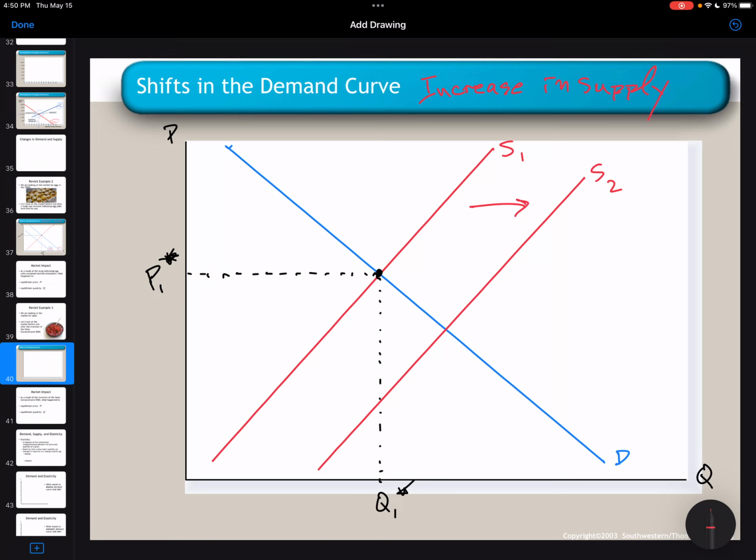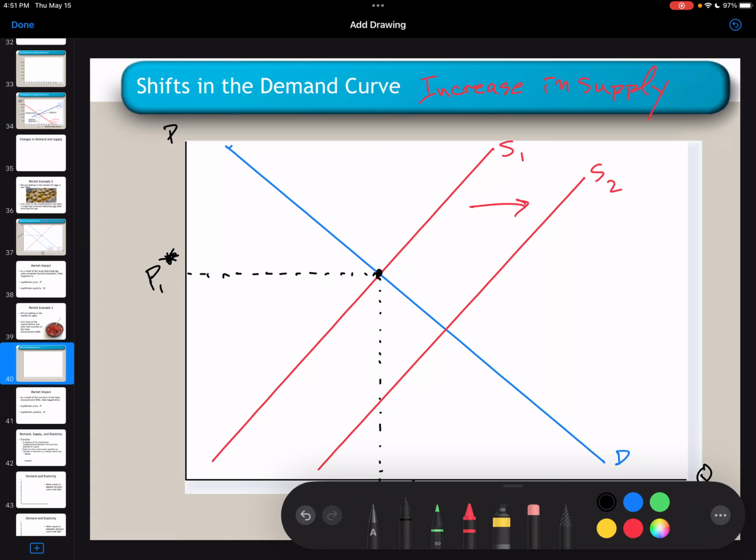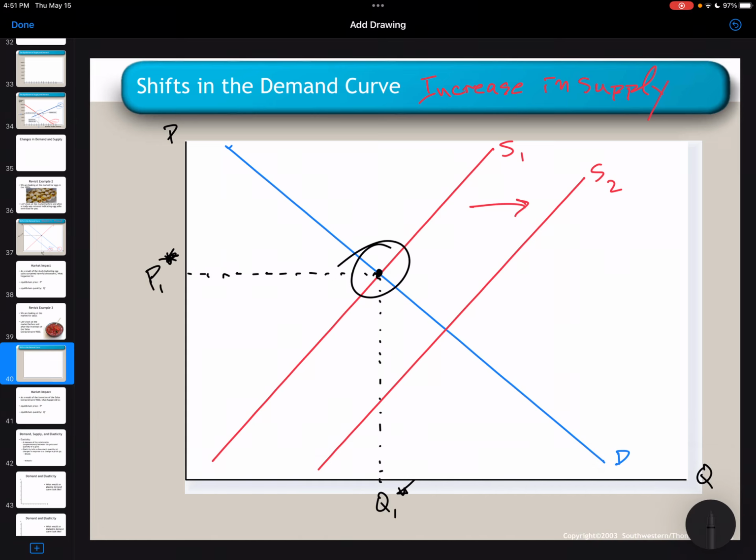But just like the previous example, we now know that our old equilibrium here is no longer relevant, right? That is, the market is going to move to this new equilibrium. This is old, and this is going to be our new equilibrium, Q2 star.